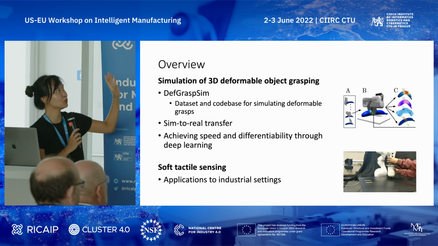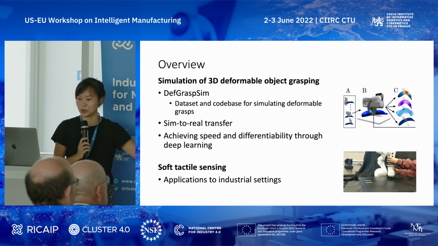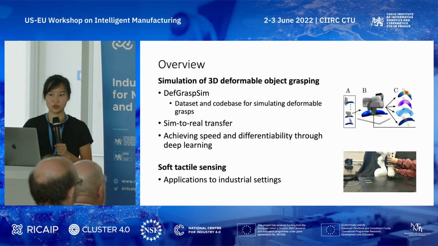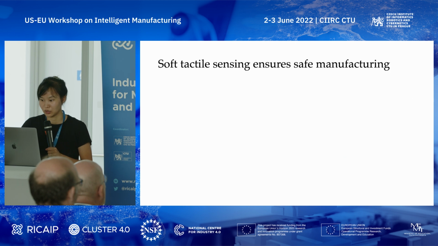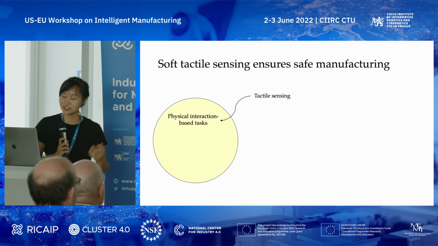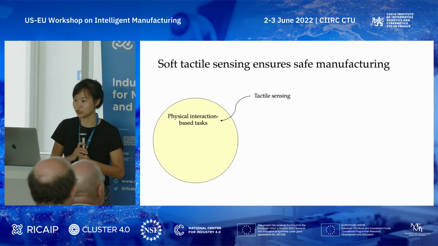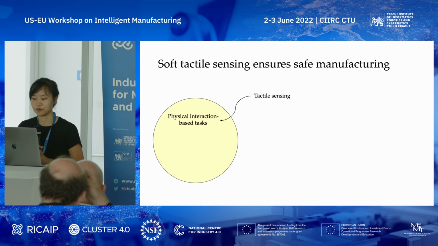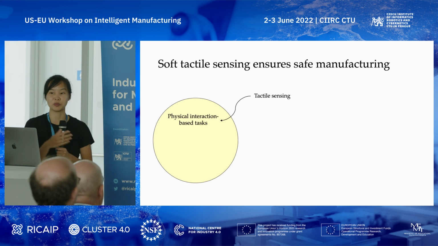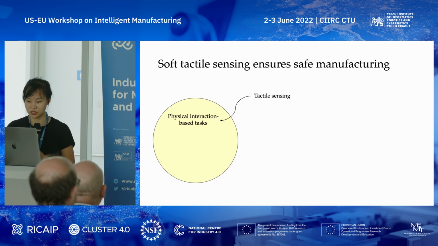Okay, so that was simulation of 3D deformable object grasping. And now I want to talk a bit about soft tactile sensing and its applications to industry. So let's first motivate quickly why soft tactile sensing is important. Tactile sensing in general is critical for any robot that depends on physical interaction and contact, and that's very much applicable to a manufacturing setting.